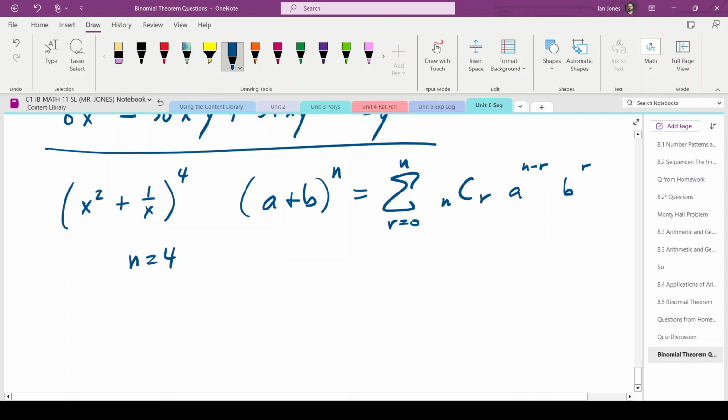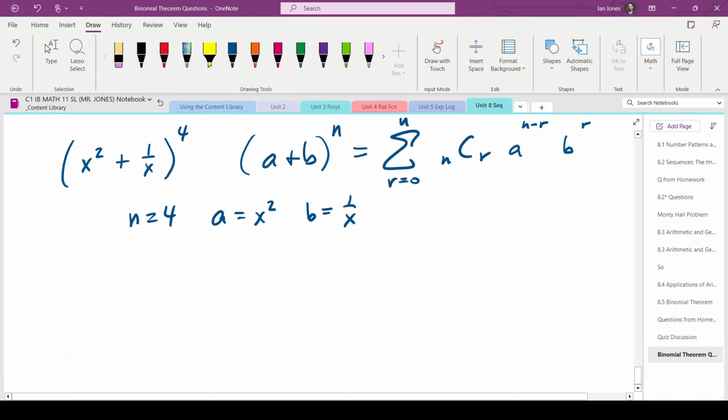N I have is 4. R and k I don't care because I'm going to go through all the terms. A is x squared, b is 1 over x. Okay, so here I go.